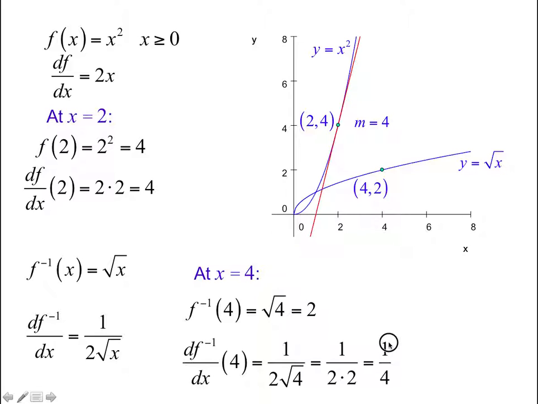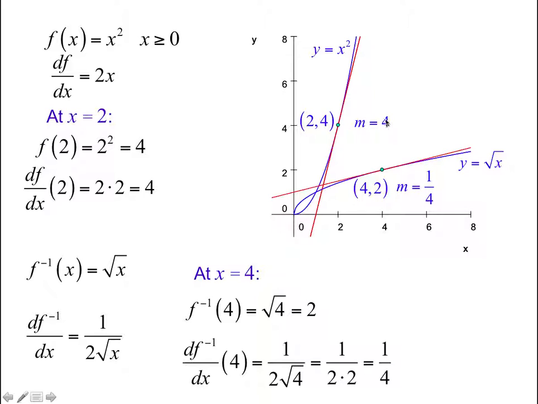So there's the slope of the line that's tangent to the inverse at 4. So if we notice, when the derivative of my original function was 4, the derivative of my inverse function is 1/4. So there's a relationship between those two numbers.